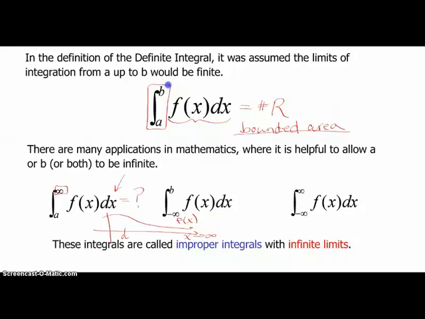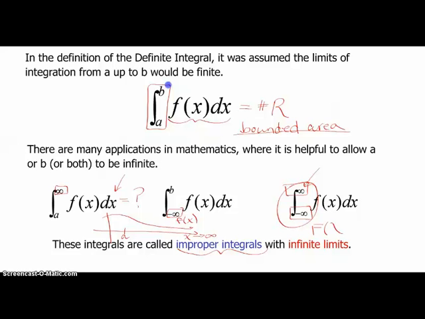And we could do the same thing with our lower limit. We could do the same thing with the entire horizontal real number line. This is still telling us to accumulate the area in the plane, starting at the left endpoint and stopping at the right endpoint. And these integrals are called improper integrals because it's not proper to actually plug infinity into any sort of mathematical work.